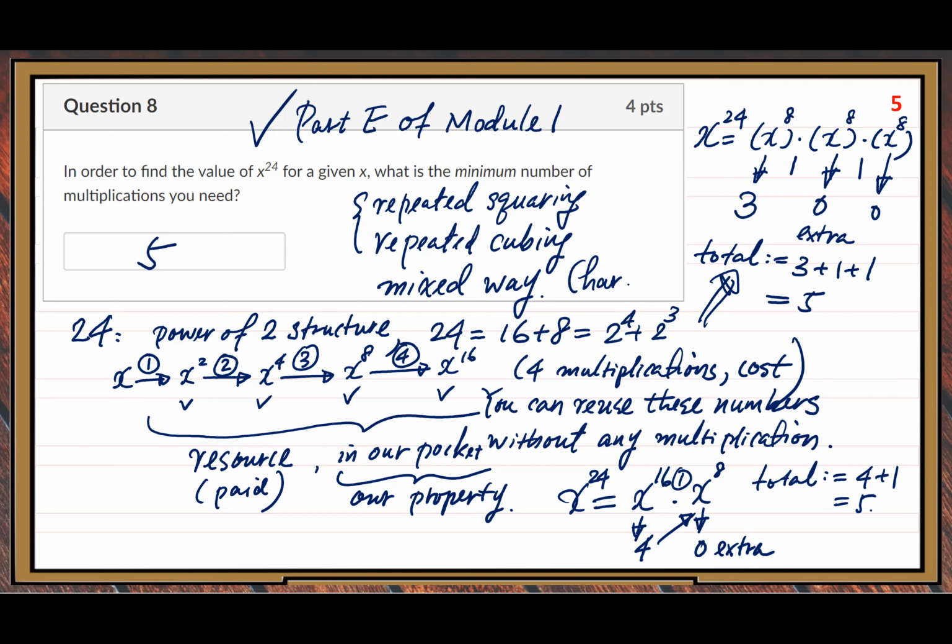So here I haven't given you a question that relies on the mixed way to get a solution better than the repeated squaring only or repeated cubing only method, because that type of question is usually much harder. So I do not go that far. All right. So that's question number 8.